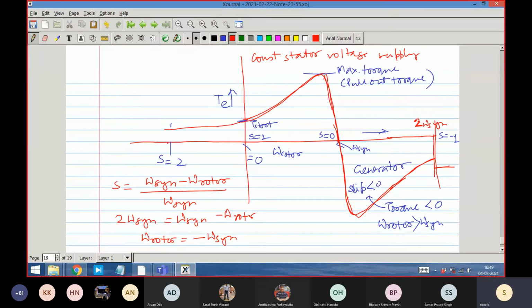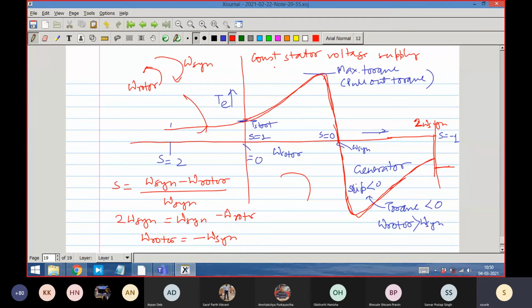That means this zone is possible if the rotor rotates in the reverse direction with respect to the synchronous speed direction. If the synchronous magnetic field is rotating clockwise, the rotor is anti-clockwise.